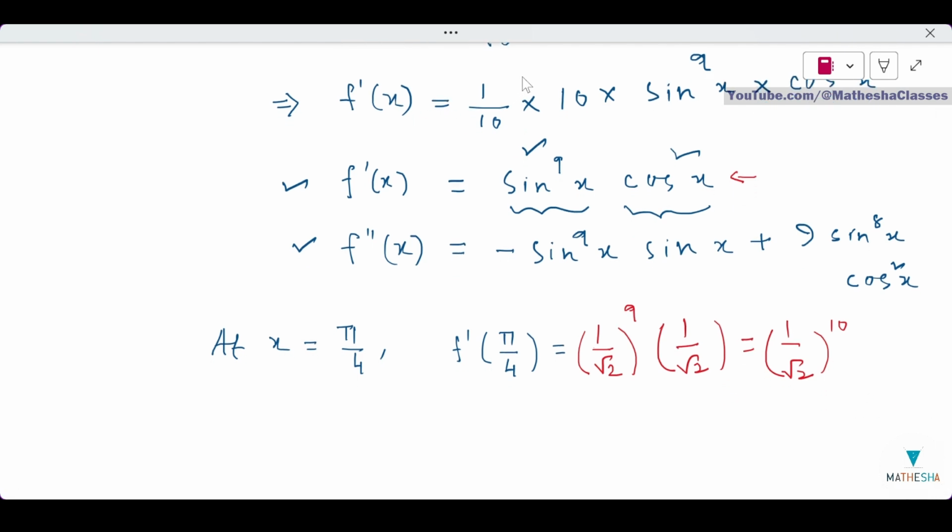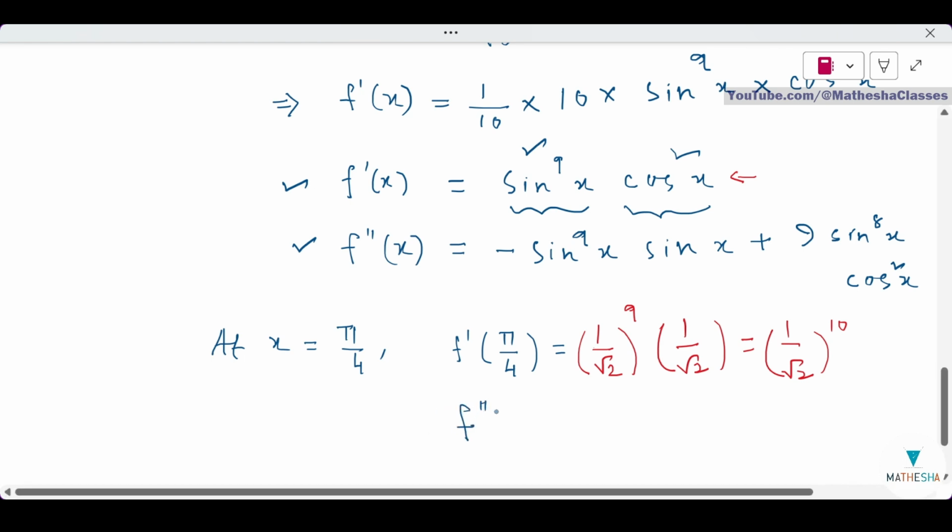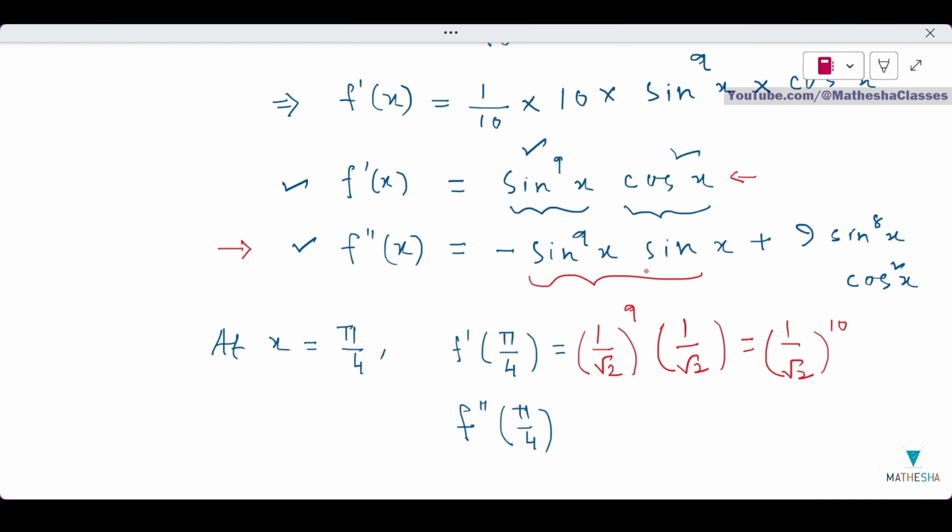Similarly, if you calculate f''(pi by 4), this time you have to use this expression, and here note carefully, the first term will be minus sin^10 of pi by 4.